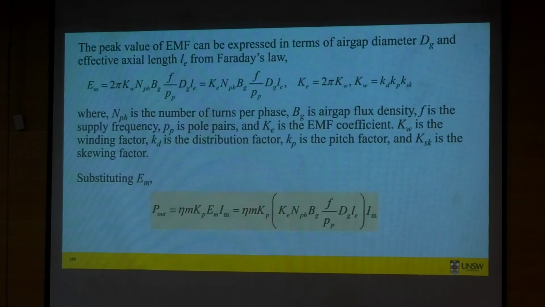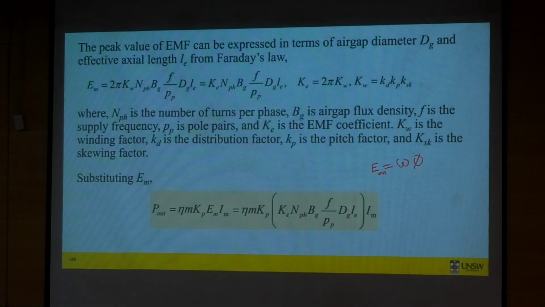Now this back EMF, Em, the peak value of back EMF, comes from the very basic Faraday's equation. If we remember, the RMS value or peak value of induced EMF, in this case the peak value of induced EMF by Faraday's law, is equal to omega times the flux, right?